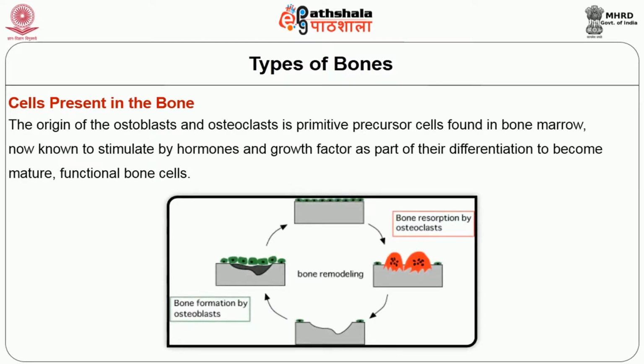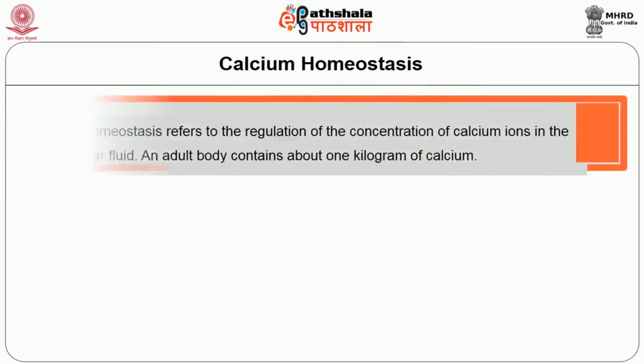The origin of osteoblasts and osteoclasts is primitive precursor cells found in the bone marrow, and you need to know that hormones and growth factors stimulate them as a part of their differentiation to become mature and functional bone cells.